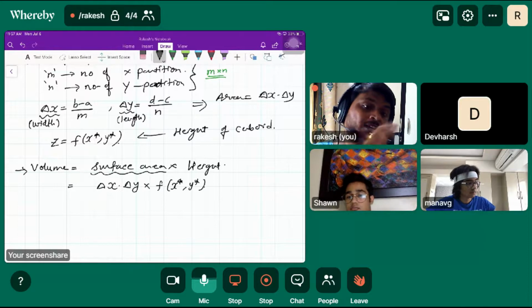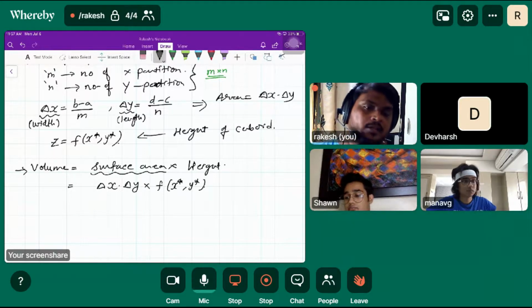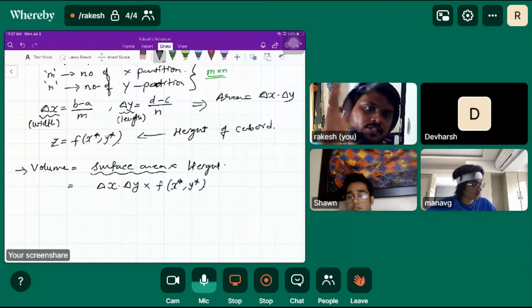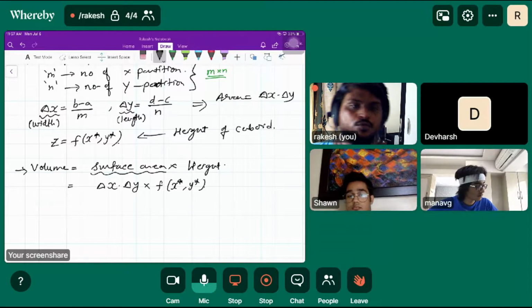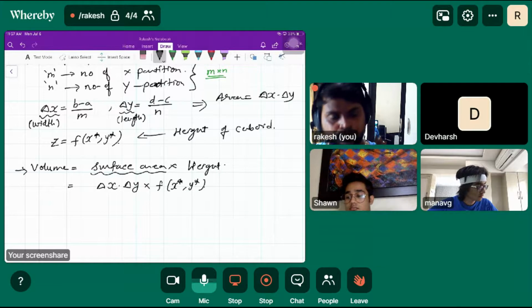Though the cross-section areas are the same, because we have made equal partitions along the x direction as well as along the y direction. So the areas are the same, no doubt, but the heights are different, isn't it? So to put that information into this expression, what should we do?